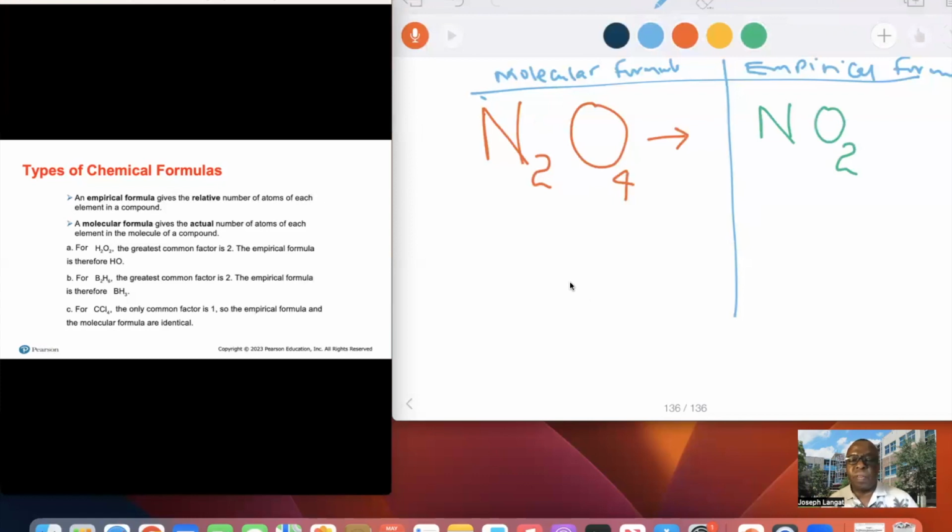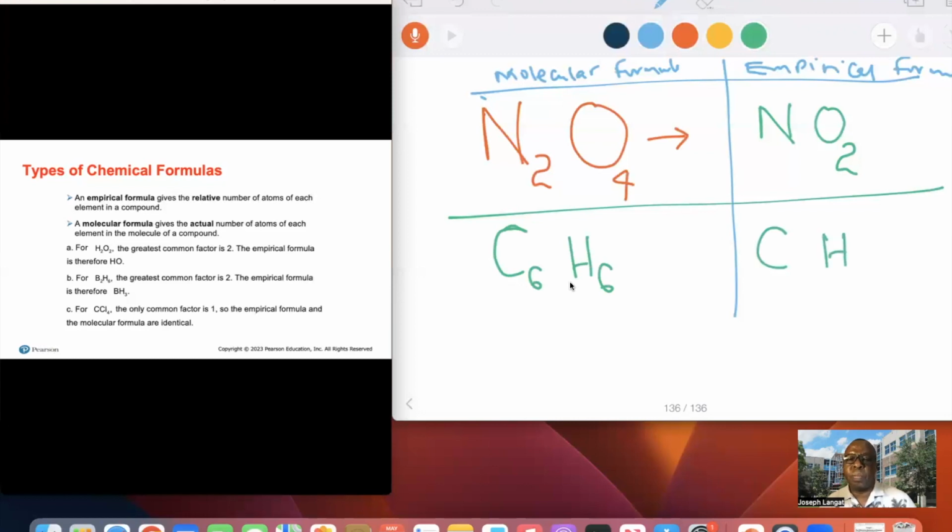So I'm just going to divide it by 2. I can have for benzene C6H6, dividing it by 6 through, this will give you CH, and this is the empirical formula.